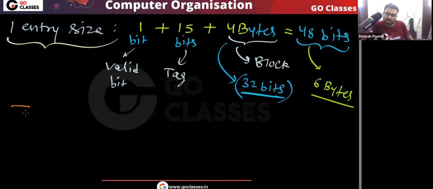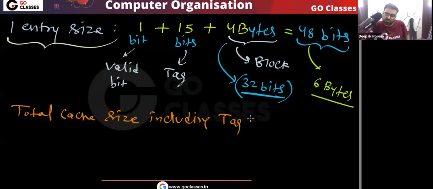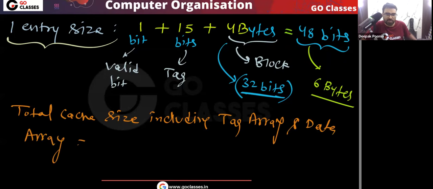So the total cache size, including tag array and data array, will be equal to 2 power 15 entries, meaning 2 power 15 lines, and what is the one entry size? That is 6 bytes. So that will be the final answer.